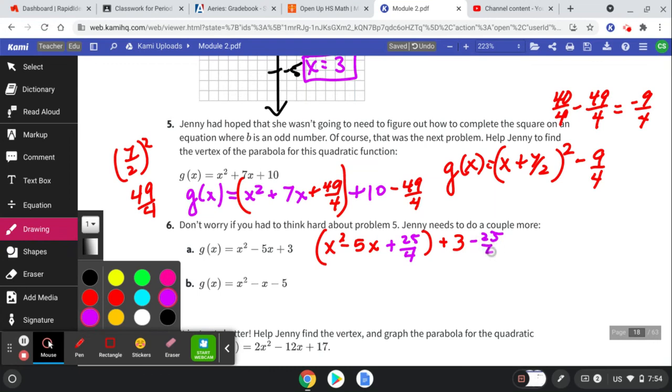So we subtract 25 fourths for the adjustment. Final answer, g of x equals (x minus 5 halves) squared, perfect. And then 3 could be rewritten as 12 fourths minus 25 fourths. So that's going to become negative 13 fourths at the end.